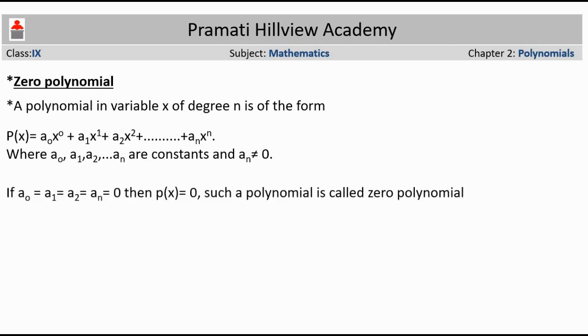If a0, a1, a2, ..., an are all equal to 0, then p(x) = 0. Such a polynomial is called a zero polynomial.